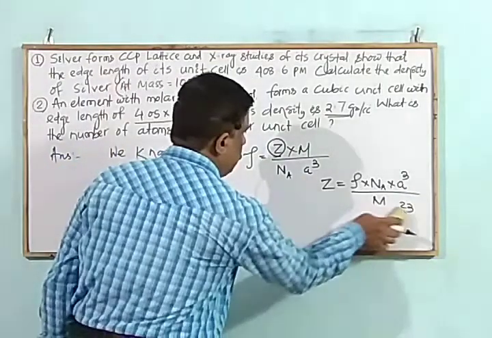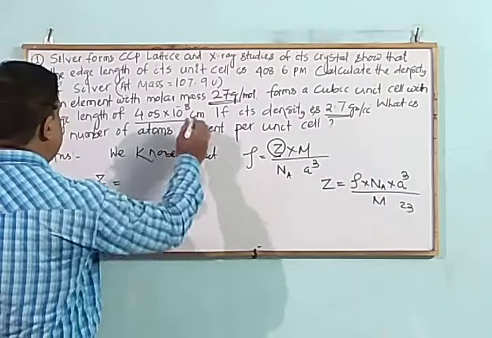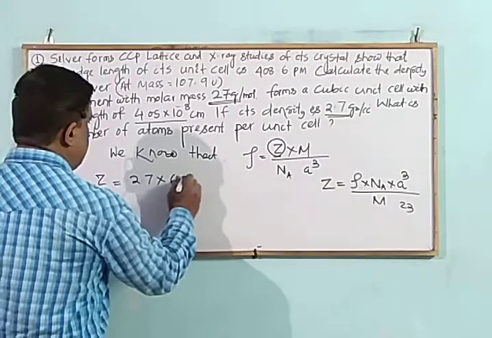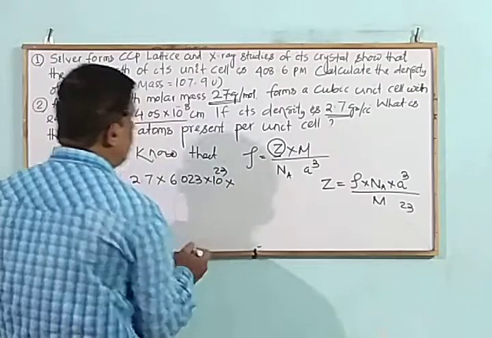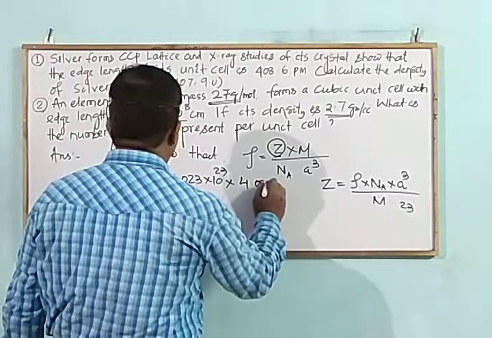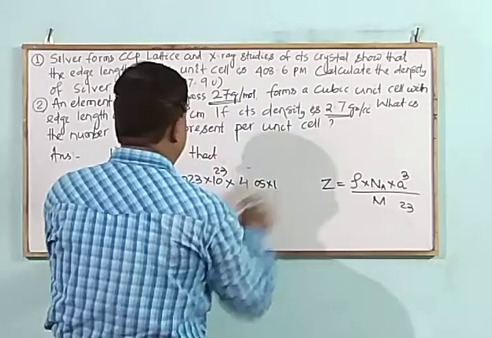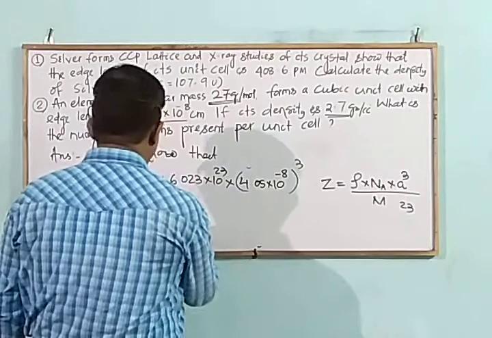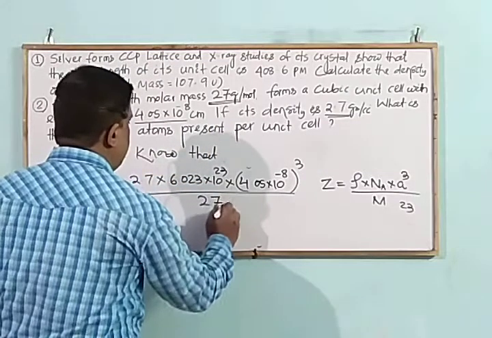Mark that. I repeat again. Z is equal to rho, the density 2.7, into 6.023 into 10 to the power 23 into the edge length, that is 4.05 into 10 to the power minus 8 cubed, divided by molar mass 27.